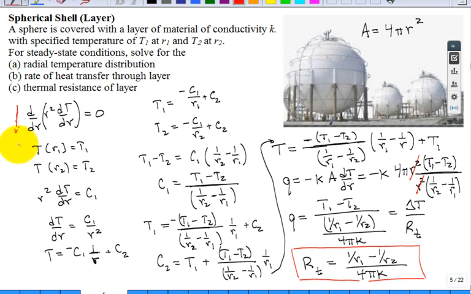And then separate, integrate twice, get a general solution, apply your boundary conditions to get C1 and C2, get an overall distribution profile equation, apply Fourier's law, do some name calling, and there's your resistance. 1 over R1 minus 1 over R2 divided by 4 pi K. Look good?